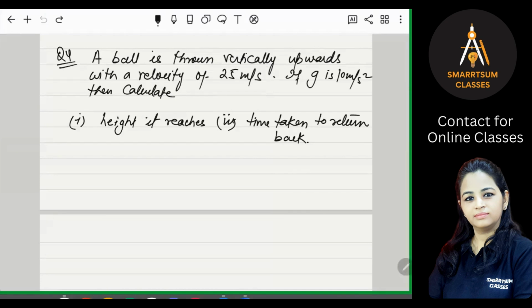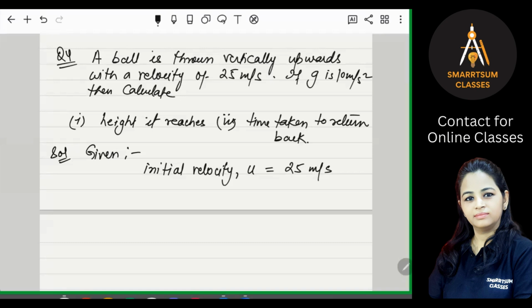Understood? So what we have to do now, the very first step while solving the question: first write down what is given. So what is given? Initial velocity is given or not? What is the initial velocity of the ball, that is u? 25 meter per second, because it is thrown upward with this velocity.